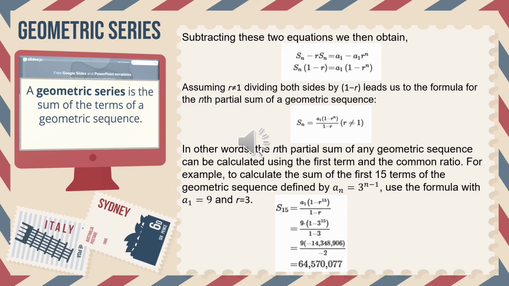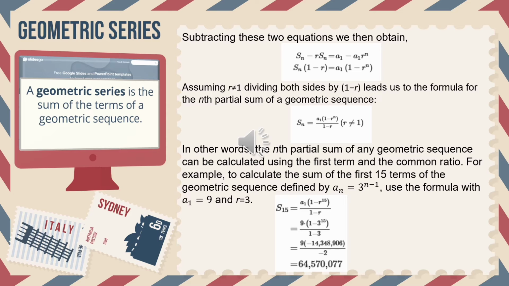Assuming r not equal to 1, dividing both sides by 1 minus r leads us to the formula for the nth partial sum of a geometric sequence. S sub n is a sub 1 times (1 minus r to the power of n) all over 1 minus r, r not equal to 1.